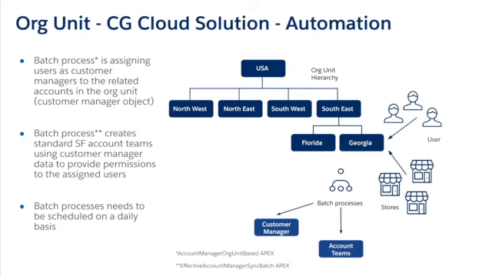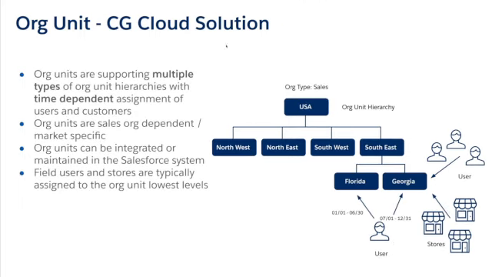And once a user, I will go back, on July 1st, gets responsible for the Georgia area, he will get all of the Salesforce permissions to all related stores, which are accounts in the same org unit. This is required so the user can access the data in the online Salesforce system.